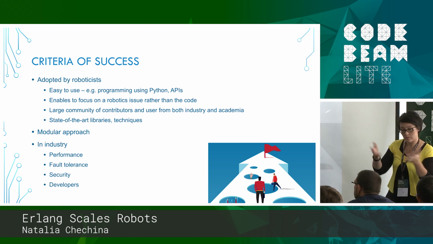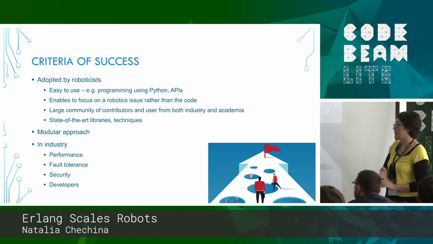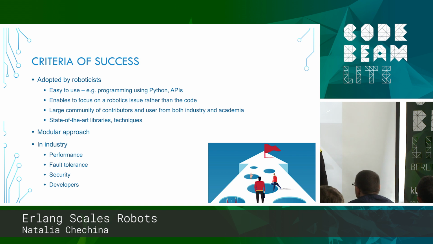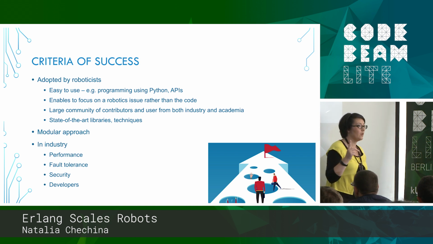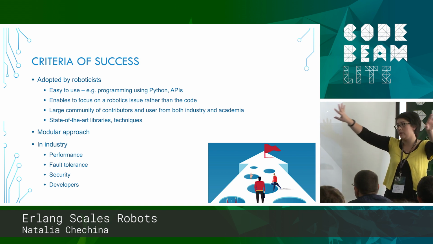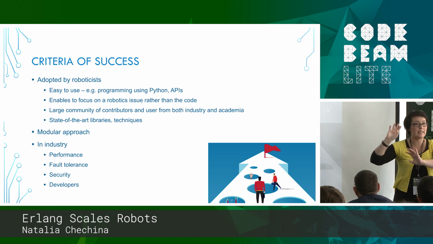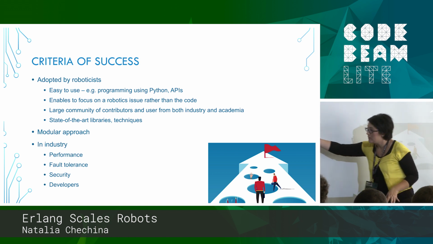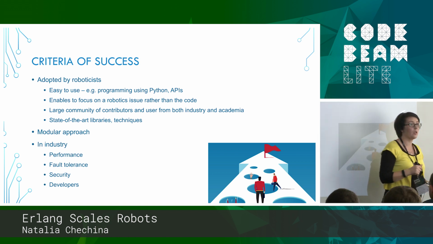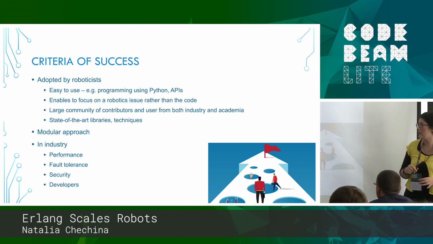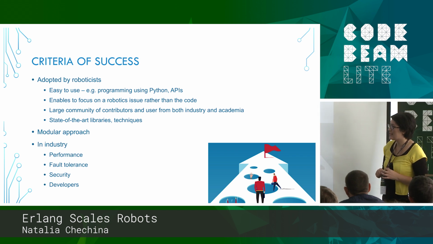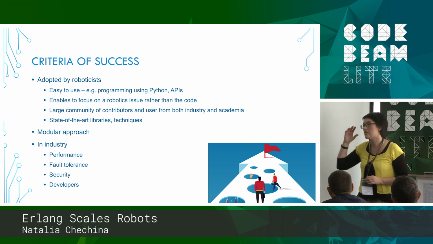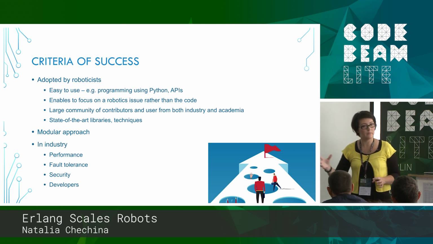And then a modular approach, where we can have different parts. ROS, although it didn't have success in industry, is vastly popular in academia, but it's not used in industry, and there are a couple of reasons for that: performance, fault tolerance, security, and developers, I suppose, but that's the same thing with industry. These are just the people who are going to work with it.